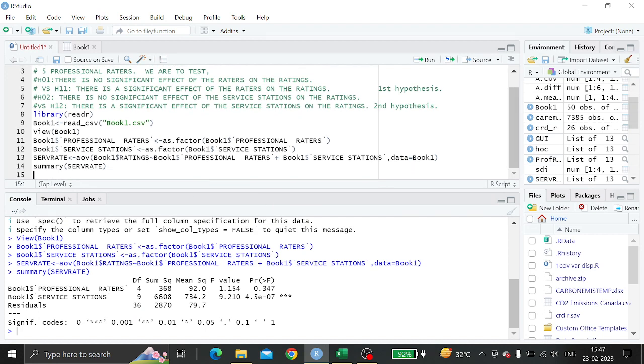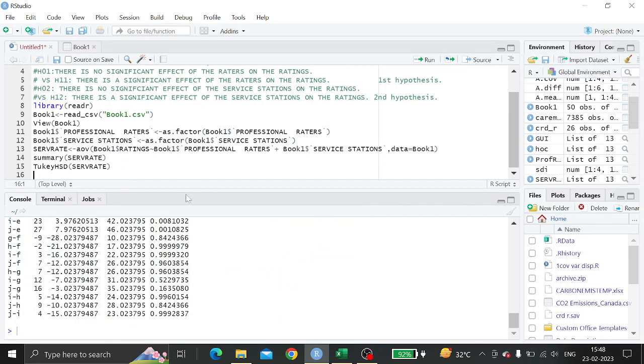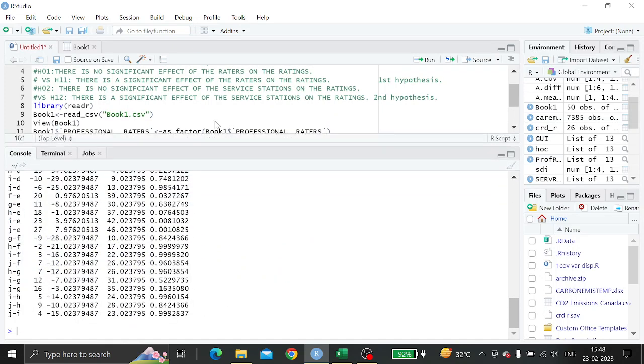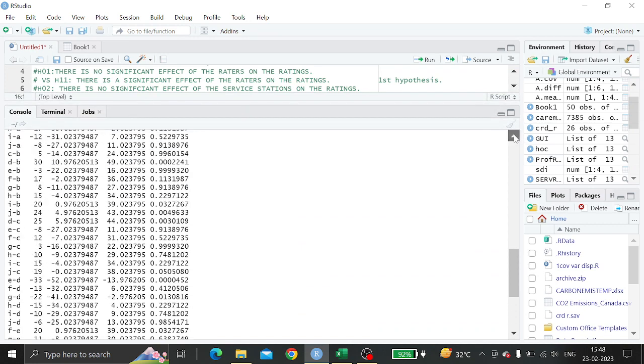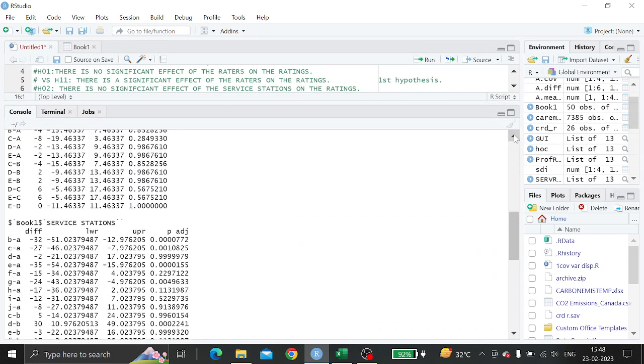Now you can perform a post-hoc test using the TukeyHSD function, Tukey honest significant difference test, and that's it. R performs the TukeyHSD test, which is a pairwise comparison test corresponding to the two factors.